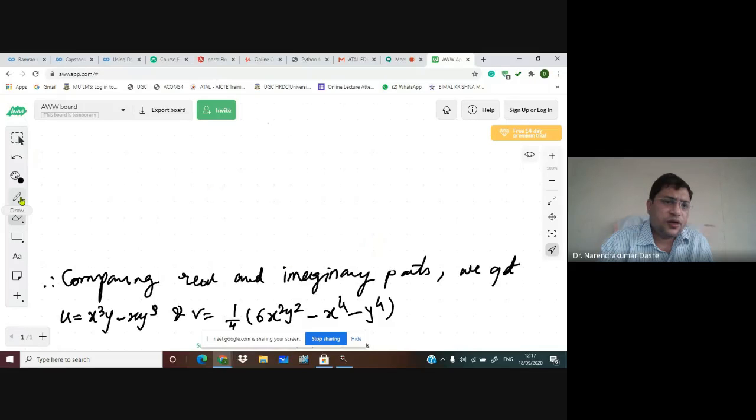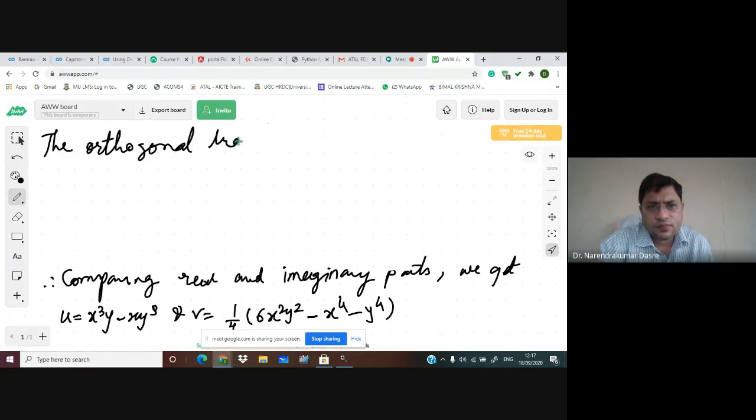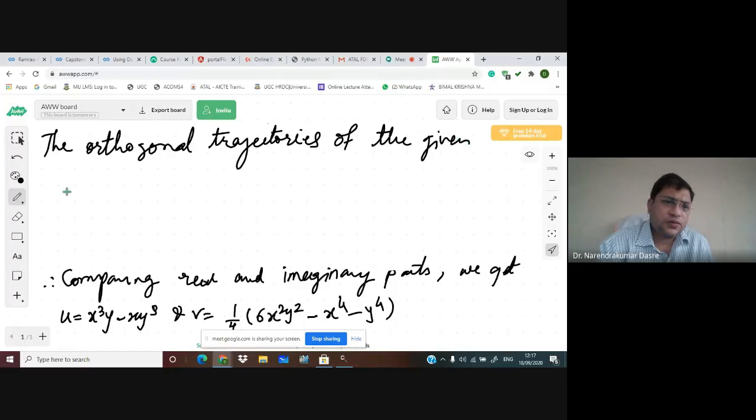Okay, so here our final answer should be like this: the orthogonal trajectories of the given family of curves is. So what you'll be having here, this being a constant, we can take care in terms of constant.